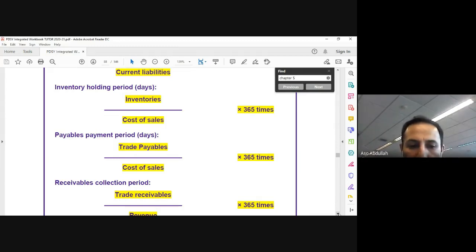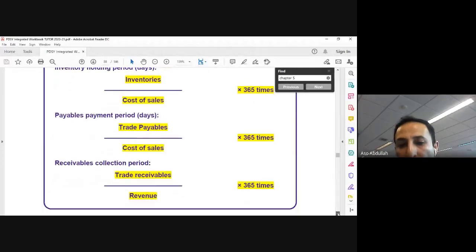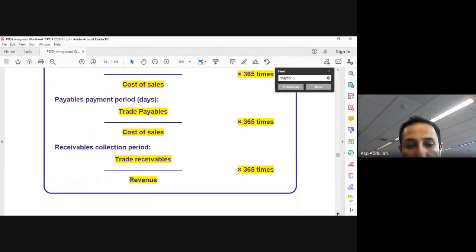In terms of receivable, again, it is how long it takes to collect the money from your customer for the service or items you sold. So for receivable, we compare revenue with trade receivable, and for payable we compare trade payable with the cost of sales.